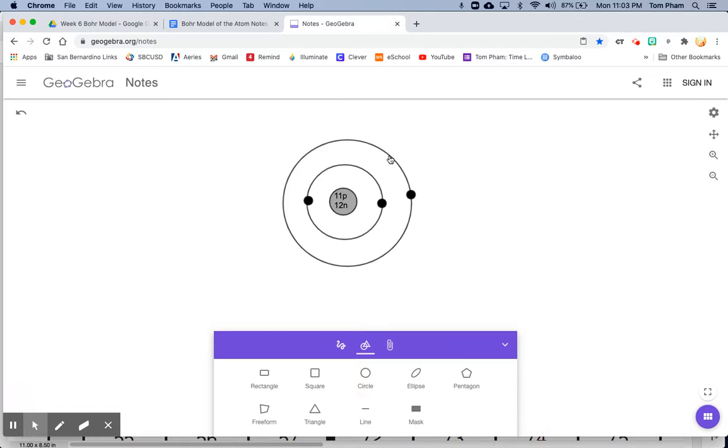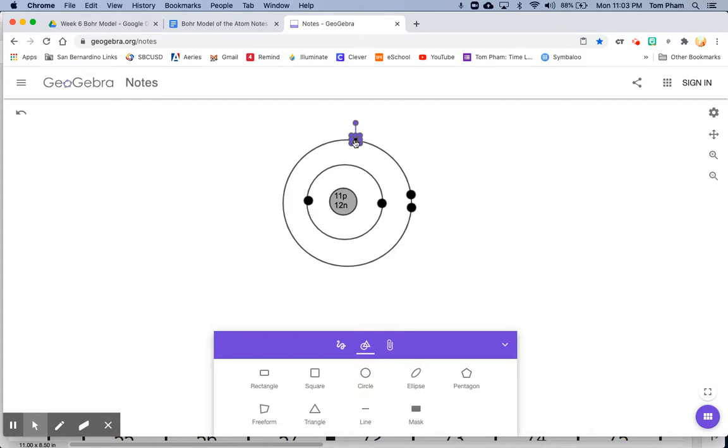I know this whole energy level, the second energy level, can hold up to 8. So let's put 8 in this whole circle. Let's paste another electron right there. And we tend to pair them up in the second energy level if we can, so these two are going to be paired. Let's add some more.